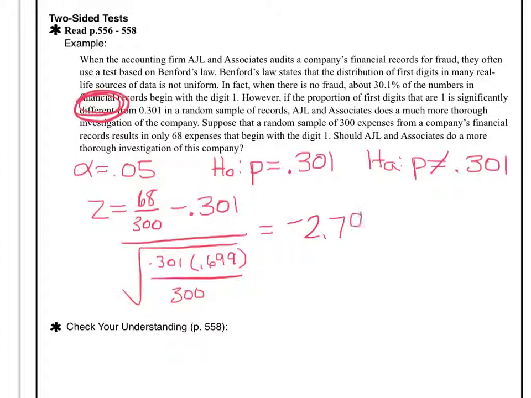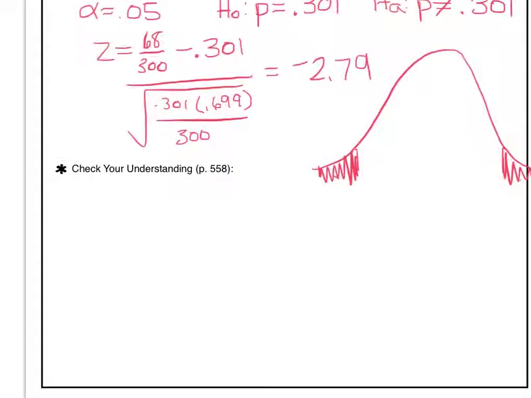Okay, when I am looking at this, if it's a two-sided test, then my 0.05 has to be split on both edges. So it's a total of 5% between this part and this part. So when I find my z-score here, I'm only going to be able to find the probability that z is less than negative 2.79.